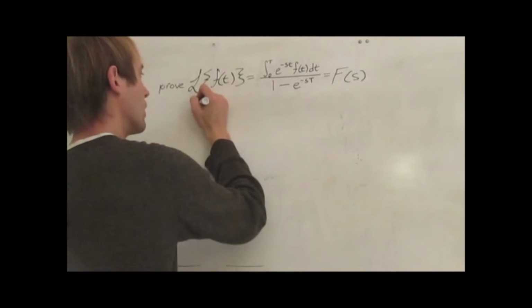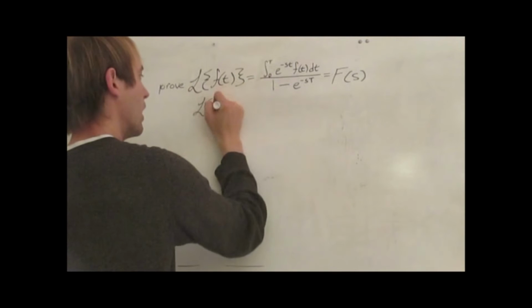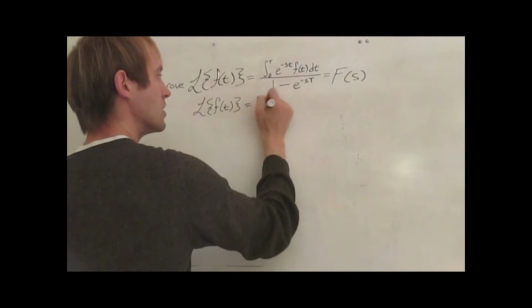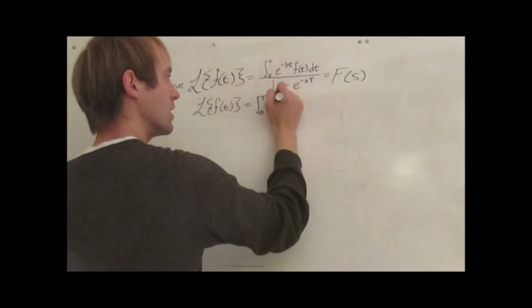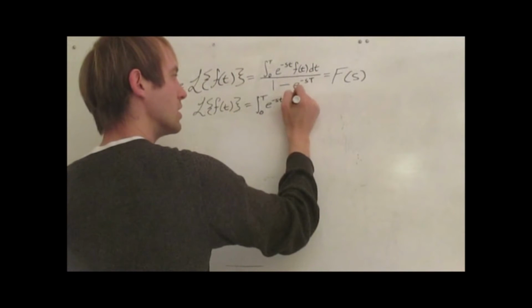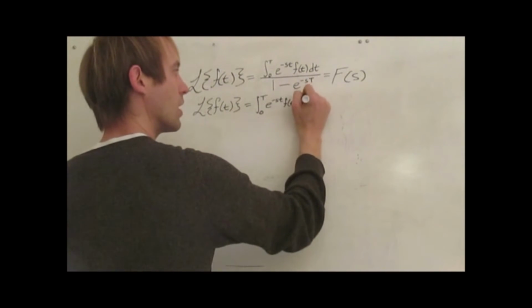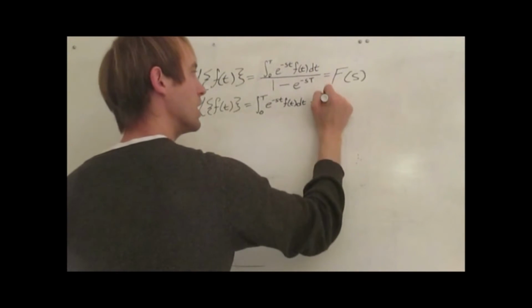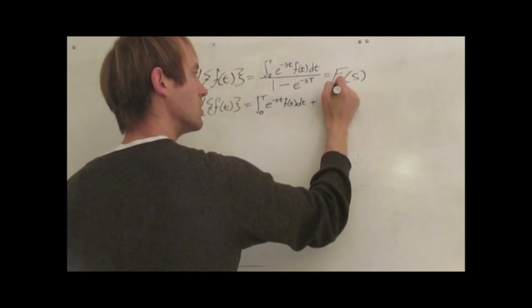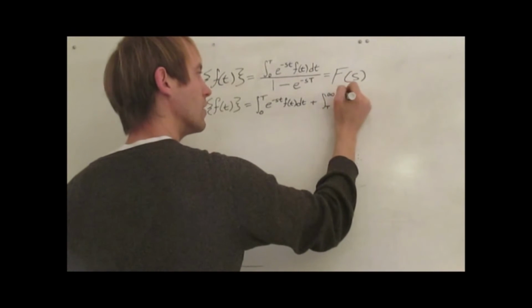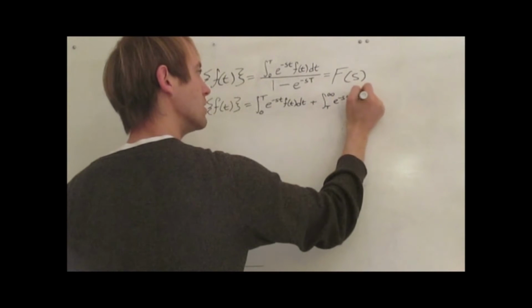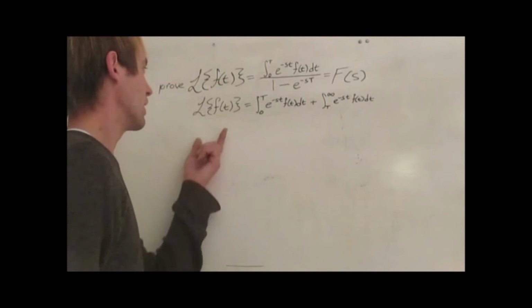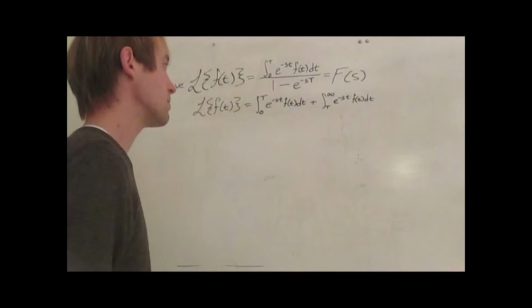The Laplace of f of t is equal to the integral from 0 to capital T of e to the negative s t f of t dt, where capital T is the period and lowercase t is just your dummy variable, plus the integral from capital T, the period, to infinity of e to the negative s t f of t dt. This is nothing more than a modified version of the definition of the Laplace.